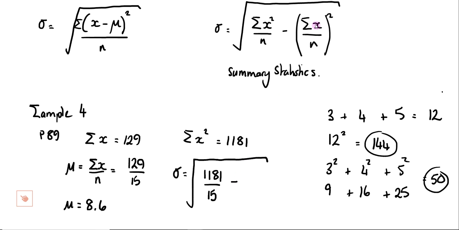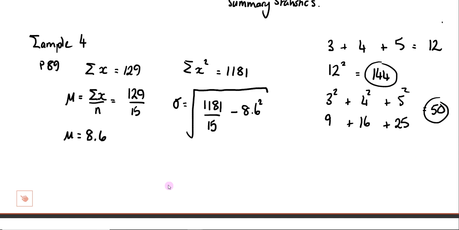And what did we say this second part was the same as? 129 over 15. So this is just the mean. It's the mean squared. So actually we've got 8.6 squared. You can try confirming, but they say in our book that that is 2.18 minutes, because we're dealing in minutes.